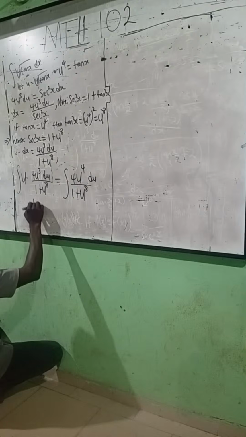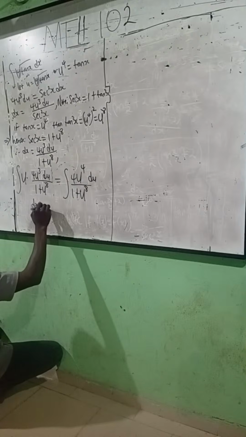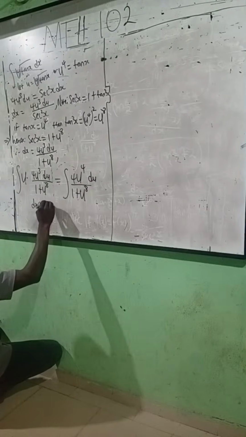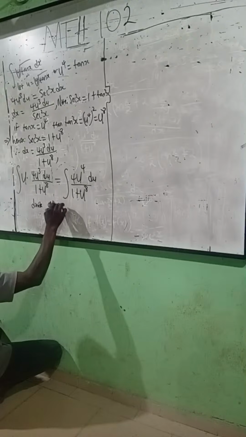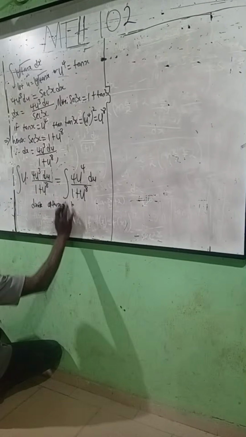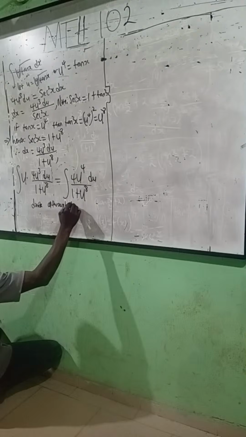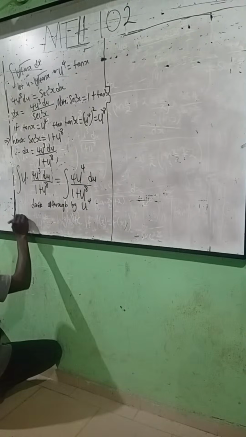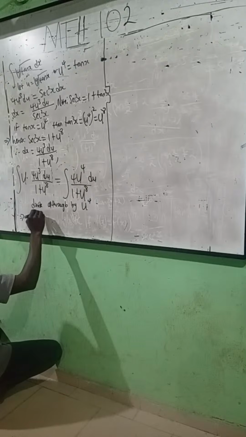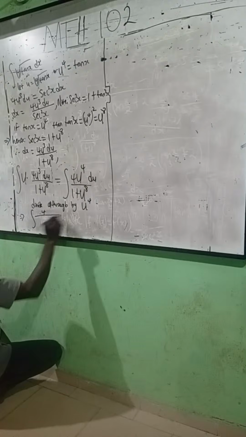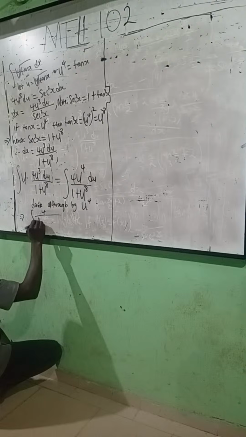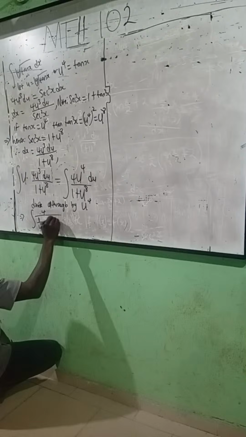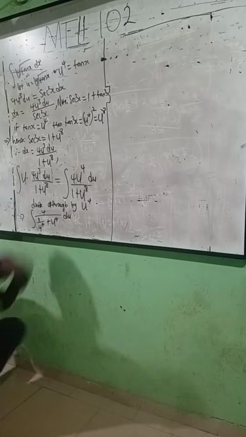So divide all through by u raised to power 4. So here we now have integral of 4 over 1 divided by u raised to power 4 plus u raised to power 4 du. Are we together?